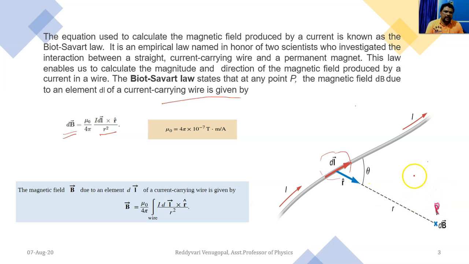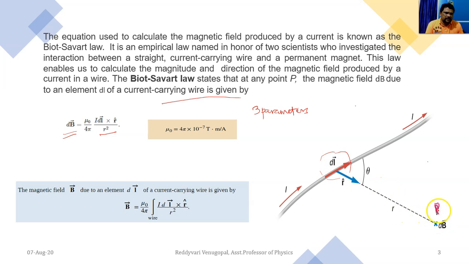This dB will depend on three parameters. One is the distance of the point from the current carrying element.